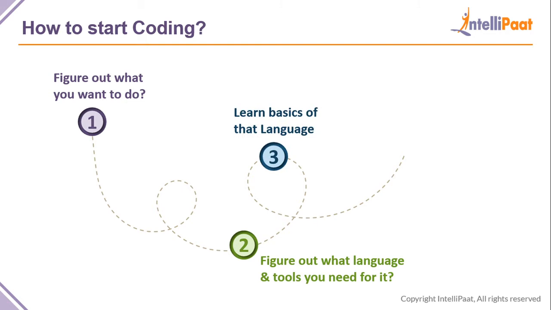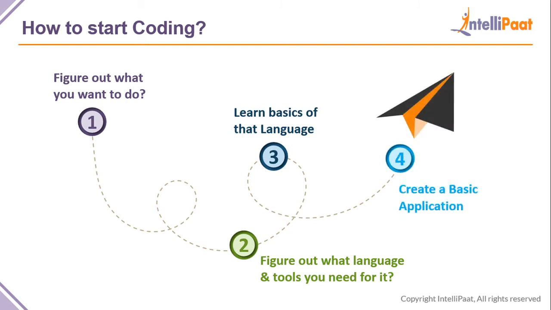Like, all the different basics of a particular language, you should learn that and then move ahead and make the application. Now, a disclaimer here. When you're going to make this application, make sure that the application you're making is a very simple one. Because when you start off, always start with baby steps.